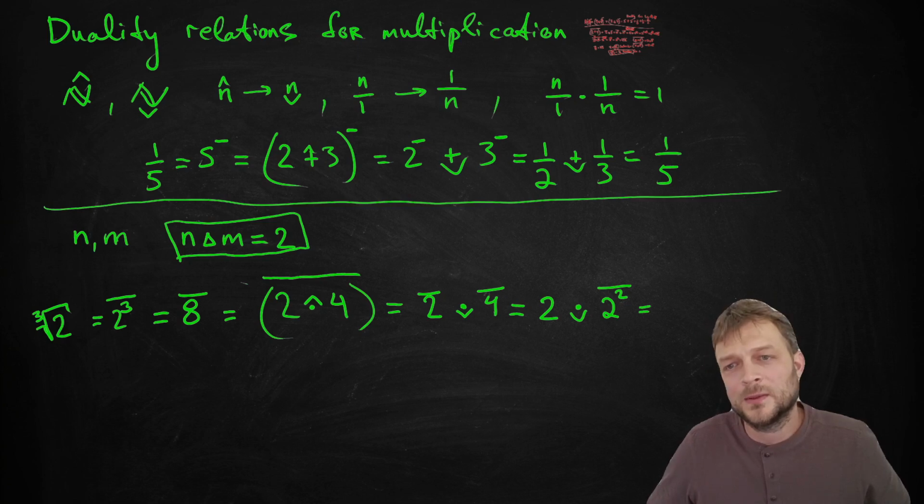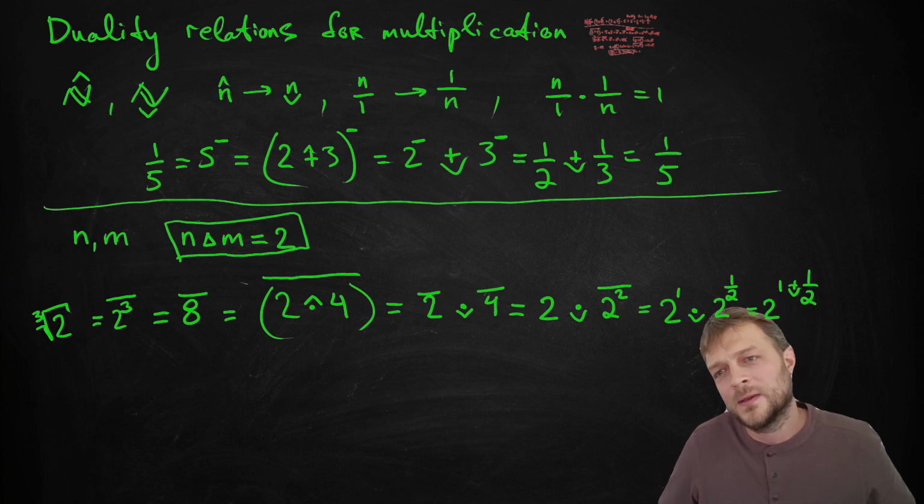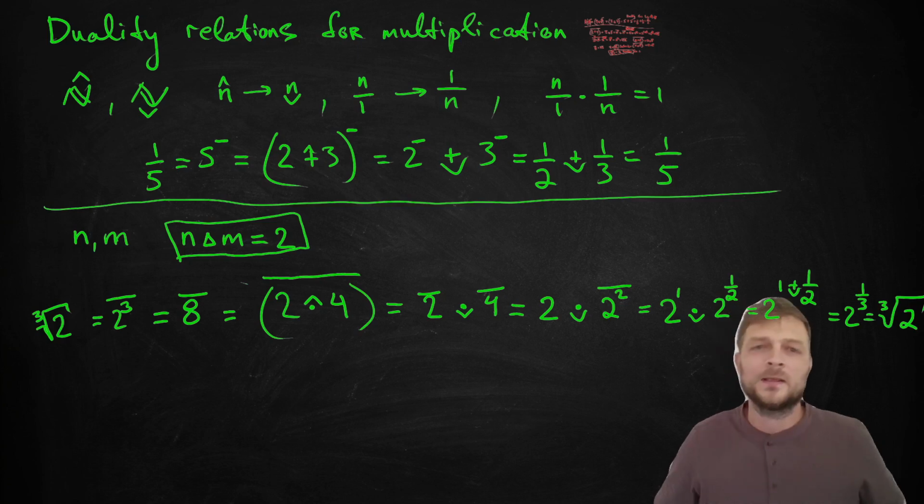This is equal to 2 to the power 1 multiplied by 2 to the power 1/2. This is equal to 2 to the power 1 plus 1/2. This is equal to the power 1/3, same as from the left side. So this principle holds.